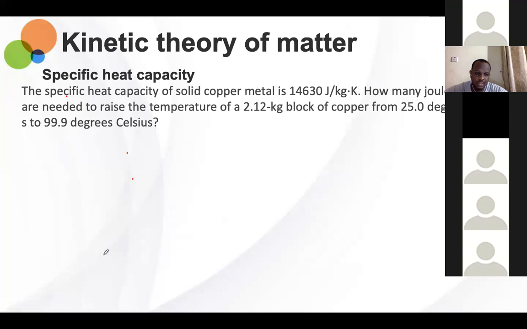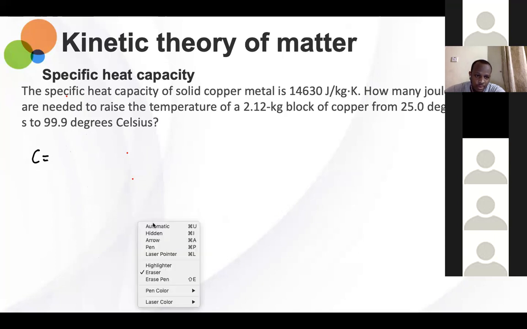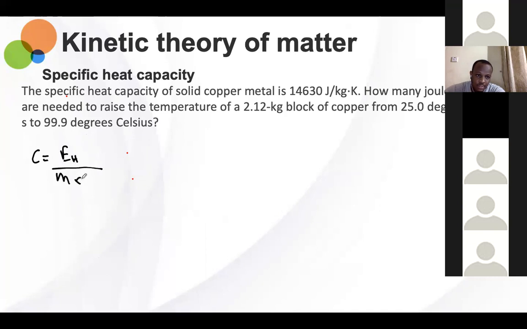So we said that our formula for specific heat capacity is C equal to heat energy over mass times temperature change.